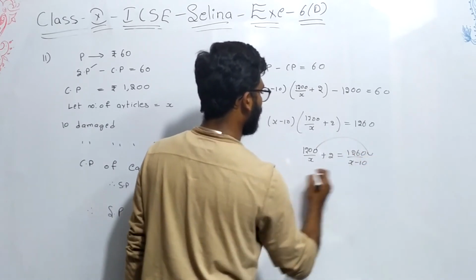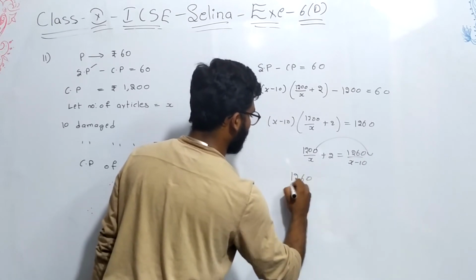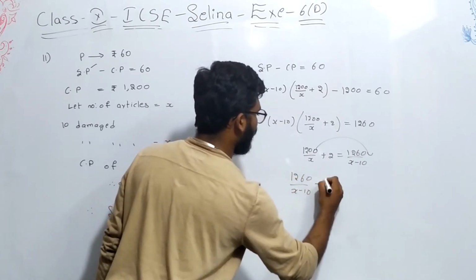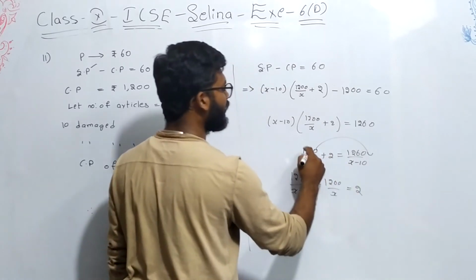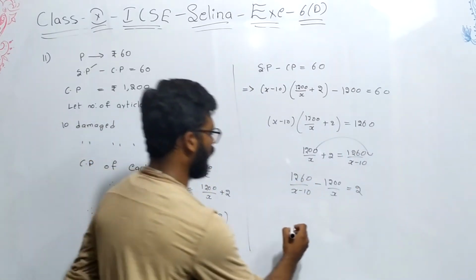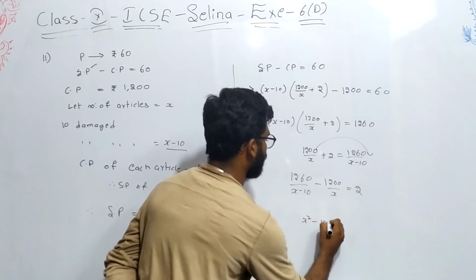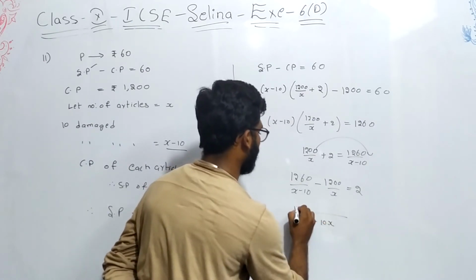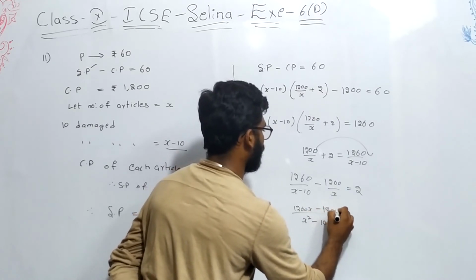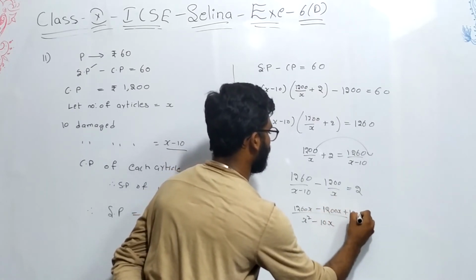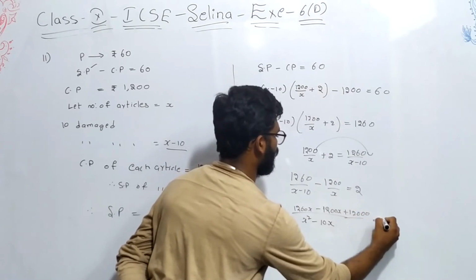And the same, 1260 by x minus 10 minus 1200 by x is equal to 2. So this I sent to the RHS. Now LCM is x square minus 10x. In the same way 1260x minus 1200x plus 12,000 is equal to 2, right?